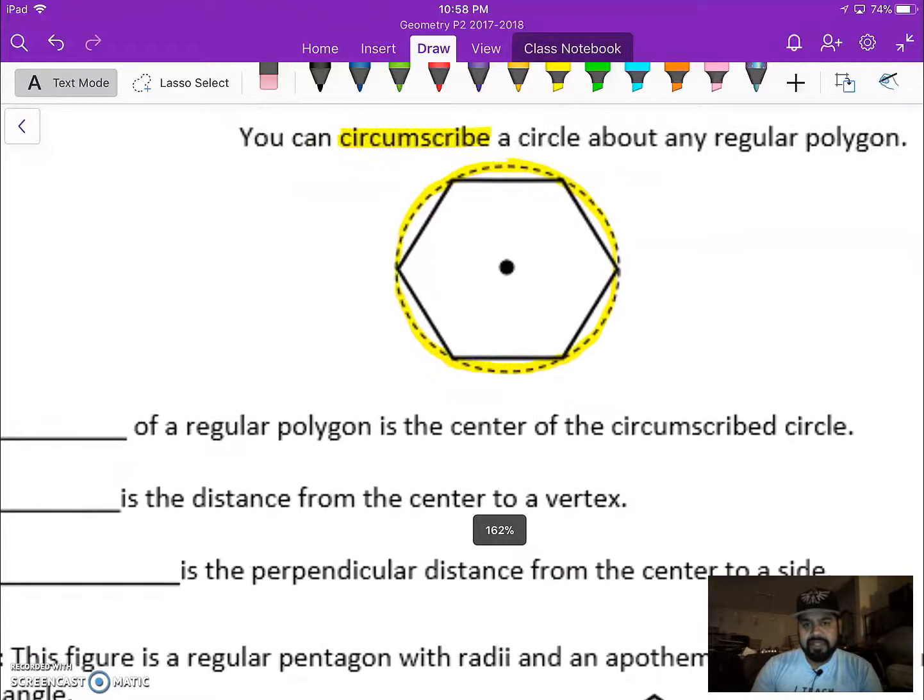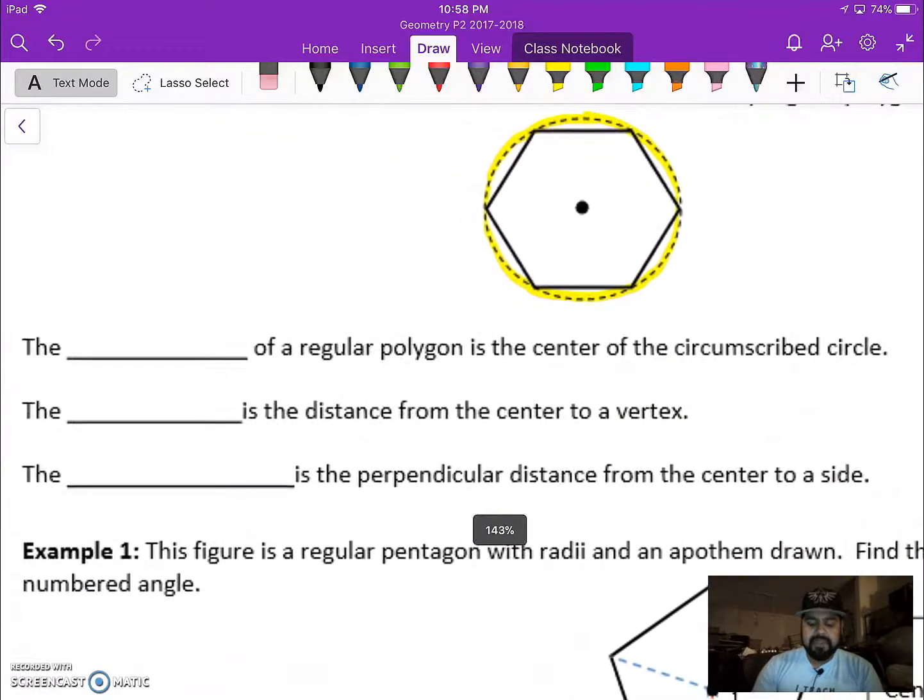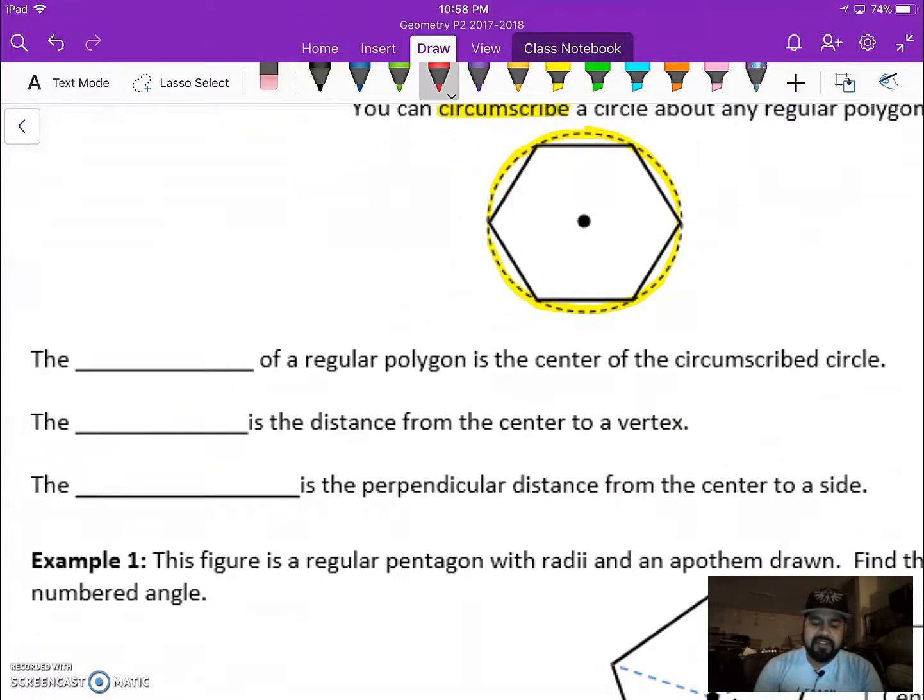Now there are a few things we can label in this figure. First off, we know that the center of a regular polygon is also the center of the circumscribed circle. So this gives us two things that we can draw. We can draw the radius, which if you remember, is the distance from the center of a circle to the edge of a circle.